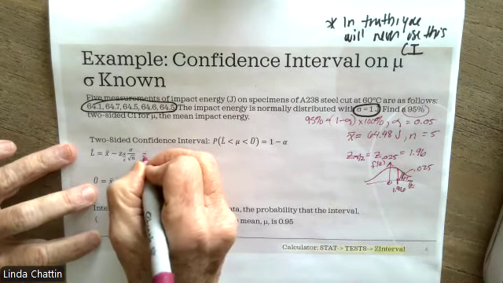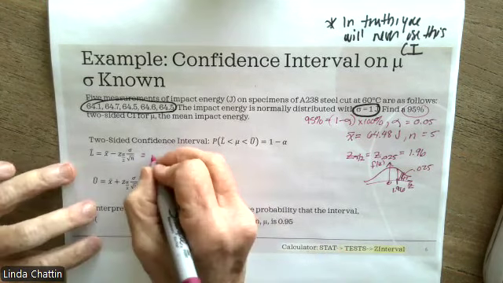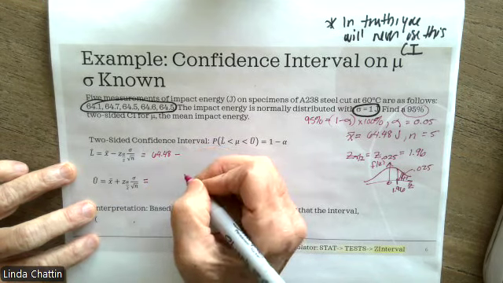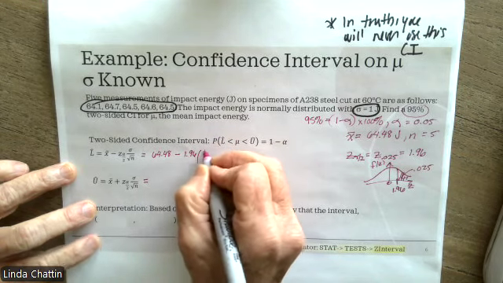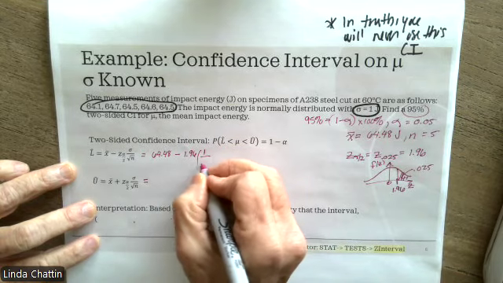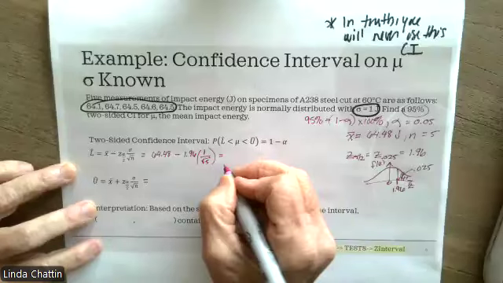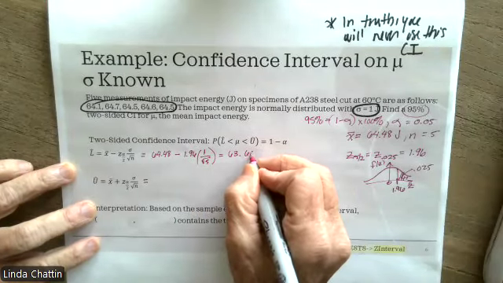So my lower bound, if I do this by hand, is going to be 64.48 minus 1.96 times sigma, which was 1 joule, divided by the square root of n, which is 5. That works out to be 63.603, I'm going to take it to 3 decimal places.